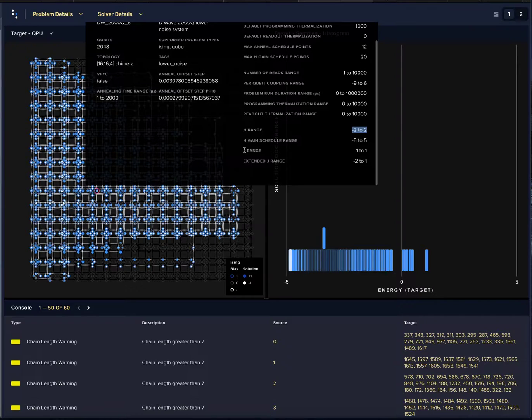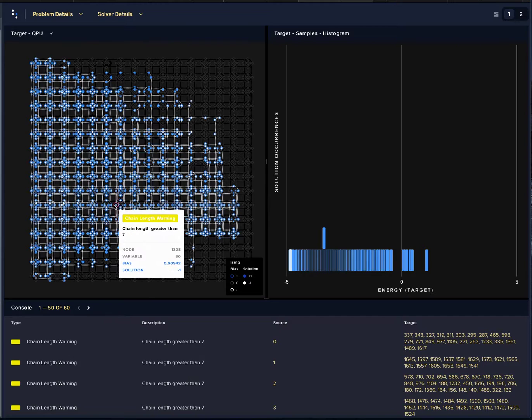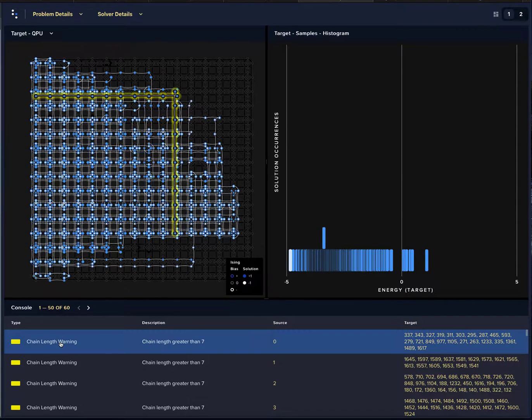On the J range, those are your connections in between the qubits, your connectors. So this, in our case, would be the covariance between the two stocks. So covariance between, let's say, stock 1 and stock 59. And if I look here, you see all those different connections just to get things to talk to each other.